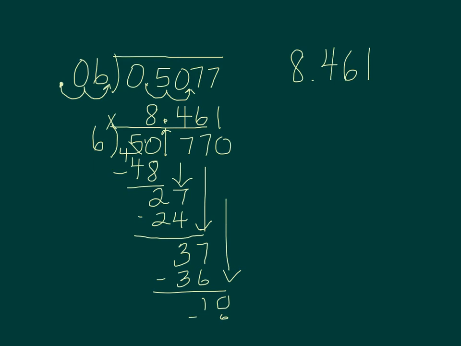But if I want to round this problem to the nearest hundredth, what would I do? So first we have to figure out where the hundredths is again. Nearest hundredths would be the second place after the decimal. So I underline the place and I look to the right. If that number is less than 5, then the hundredths will remain the same.